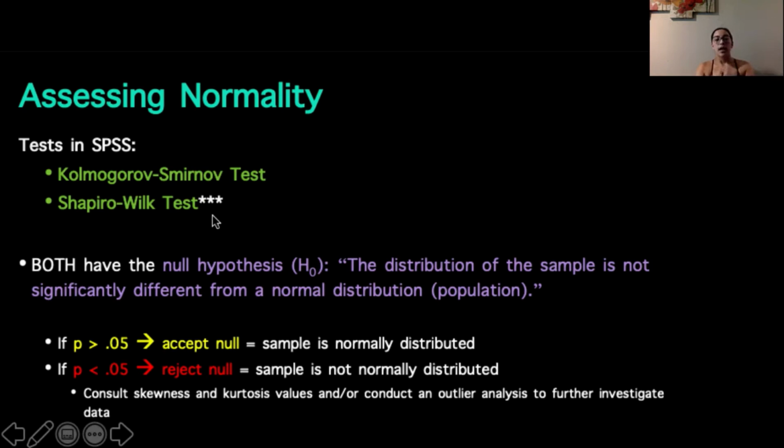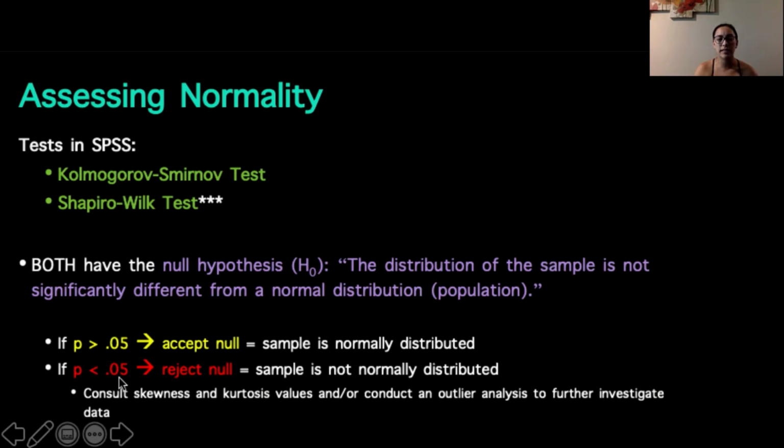If you get a p-value greater than 0.05 in the Shapiro-Wilk test, you would accept the null and accept that this statement is true. In other words, your sample distribution is not significantly different from your population distribution.